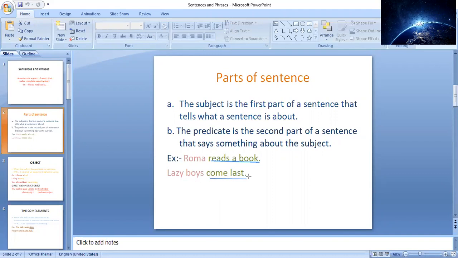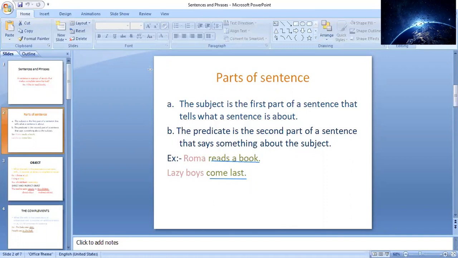Then come last is telling about the lazy boys, the naming part. Correct? Then we'll move to objects.